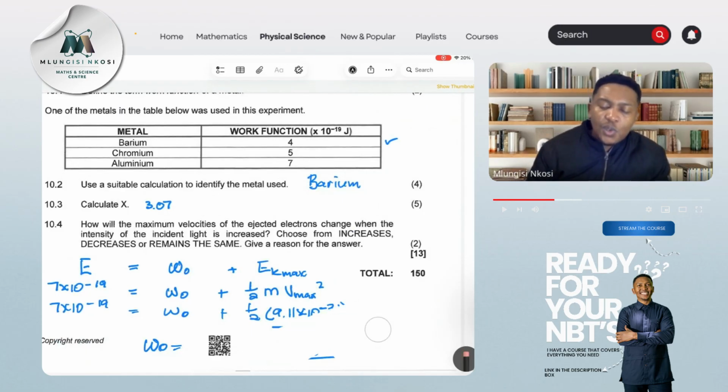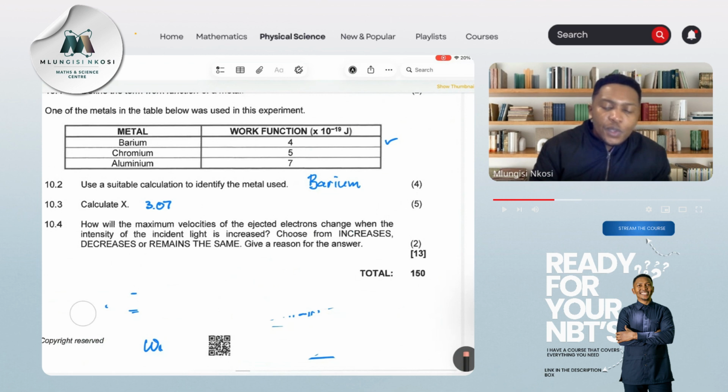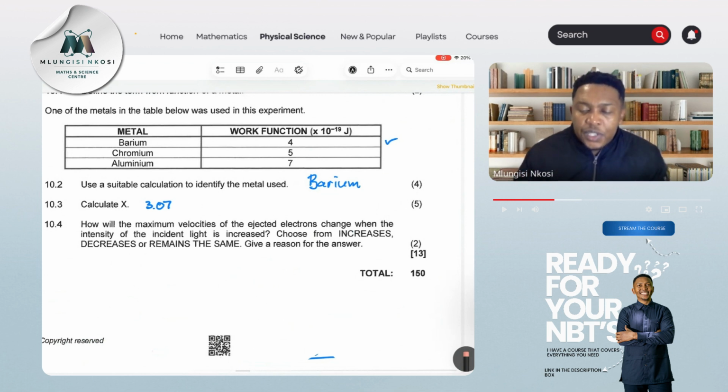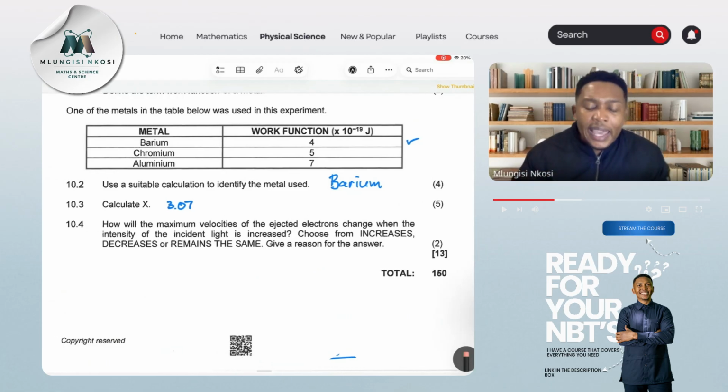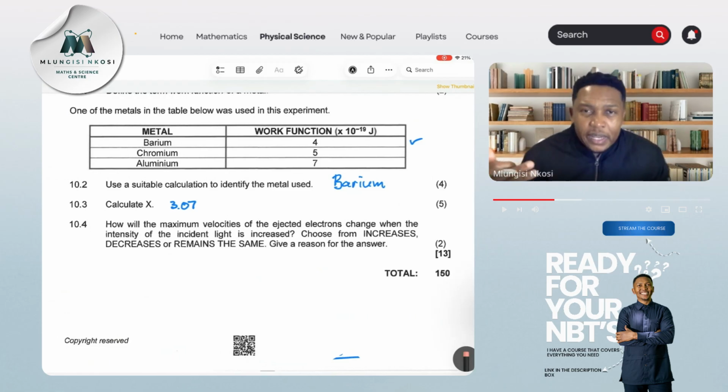All right, let's go to the last question. So they say to us, how will the maximum velocities of the ejected electrons change when the intensity of the incident light is increased? Now remember, when they tell us about intensity, they are simply referring to not the energy, but the brightness of light.